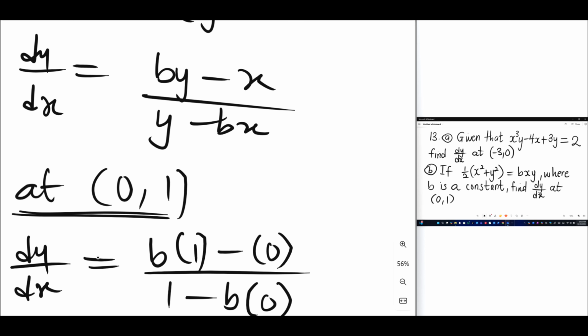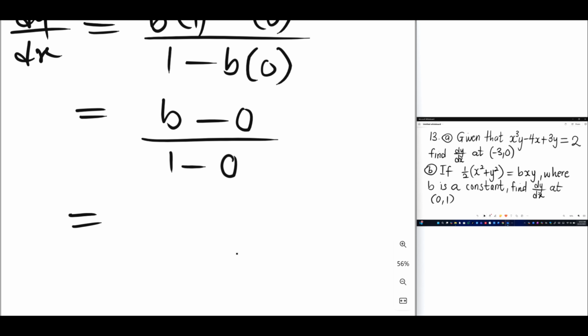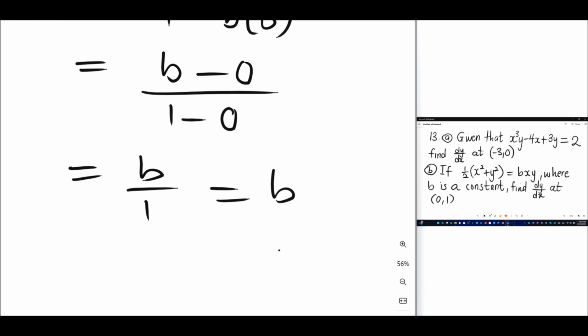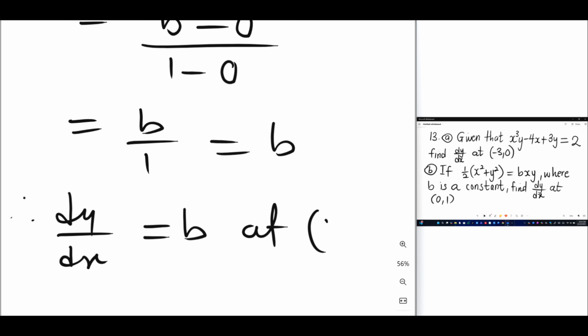So here we are going to get just b minus 0 divided by 1 minus 0. So at the end, you are going to get b divided by 1, and the answer will be equal to b. So we conclude, therefore, dy dx is equal to b at a point with x coordinate of 0 and y coordinate of 1.